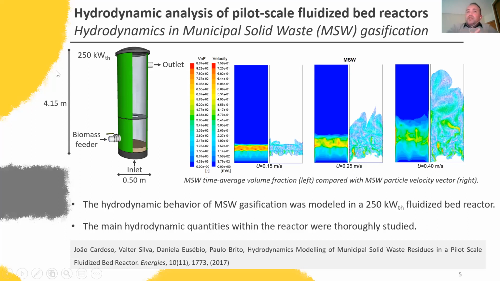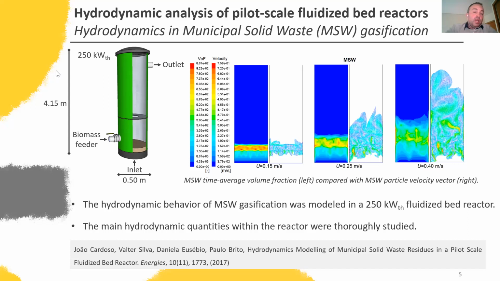This is very interesting because if we feed the oxygen with different velocities, we have a completely different distribution of particles in the reactor. For example, if the velocity is higher than 0.4, we have a great dispersion that is not required in the process.